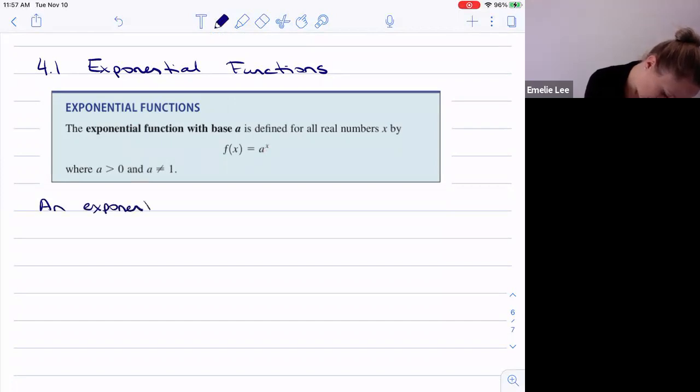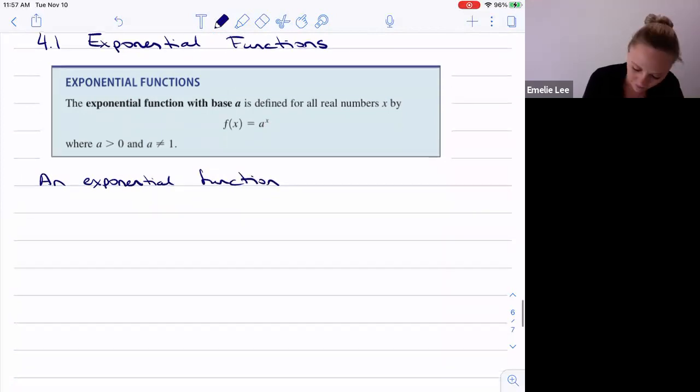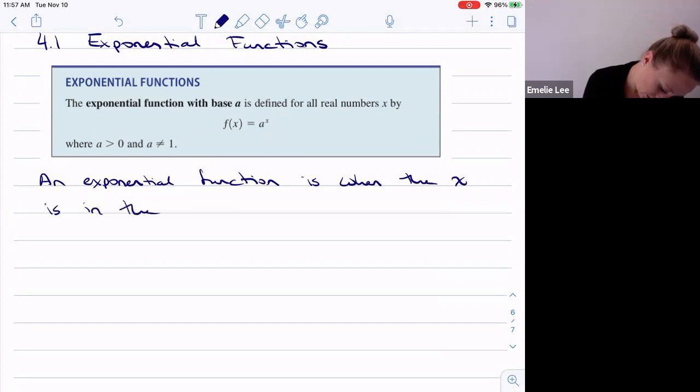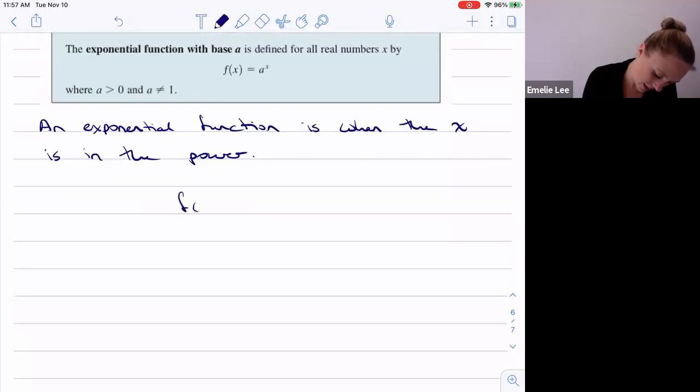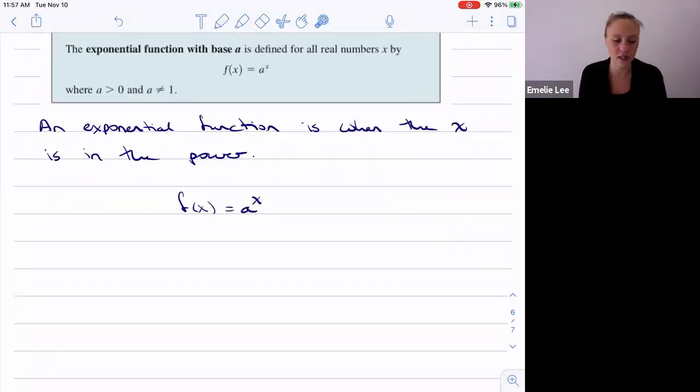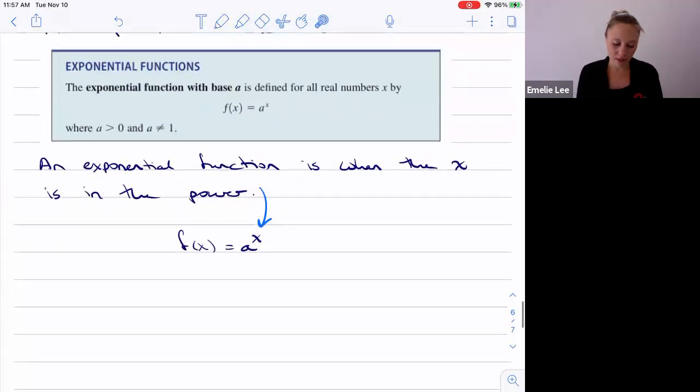An exponential function is when the x is in the power. So if we have something like f of x equals a to the x, now we've got x in the power. We're going to use some conditions on a, the base.